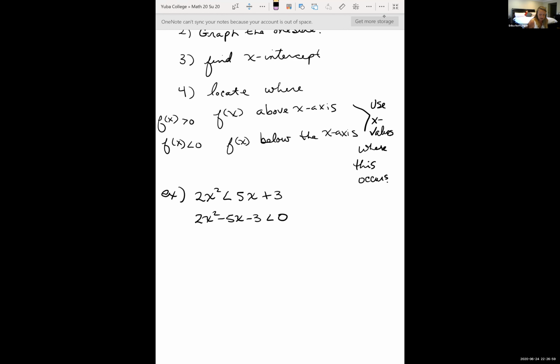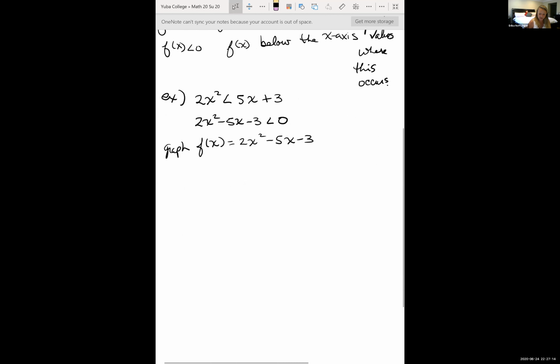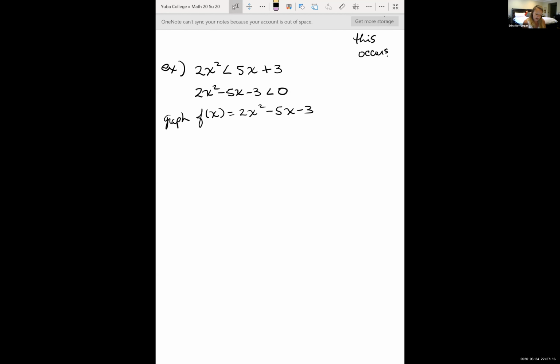Once we've got everything to one side, we want to graph the one side. We want to graph this equation, 2x squared minus 5x minus 3.